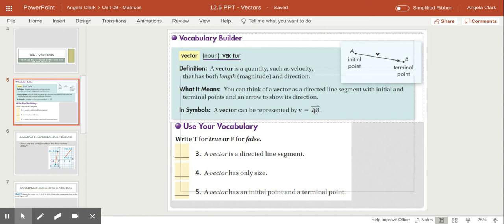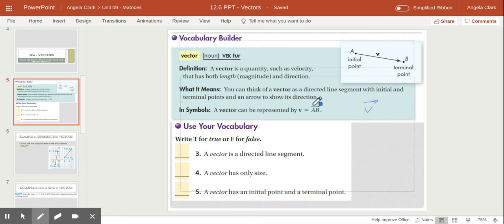So that's important. And we're going to write it either by a small letter like this, or by its initial point and terminal point. If the points are labeled, you can write the initial point, terminal point with an arrow on top, and that also means vector. A lot of times, even with the small letters, I'll write it like this, because notice that this is bold.